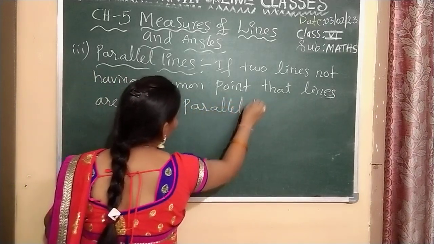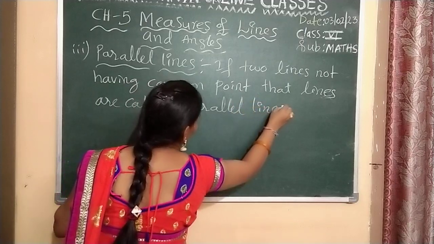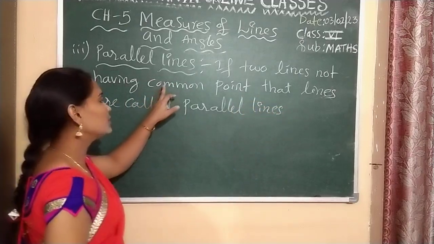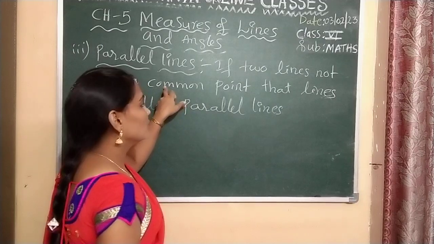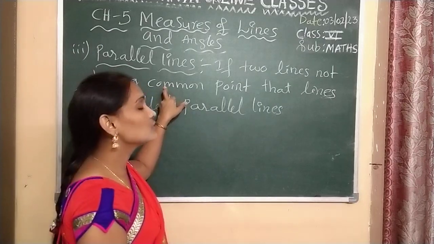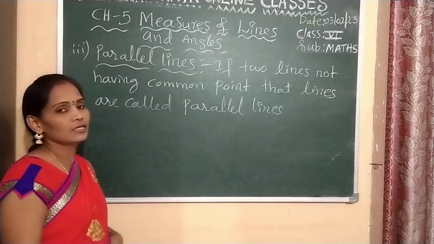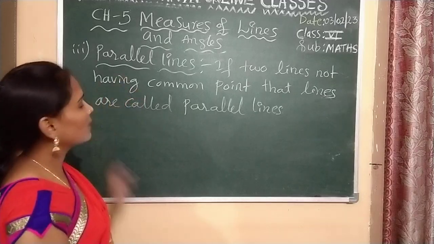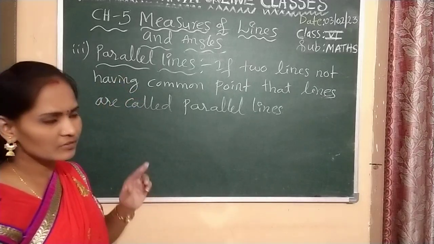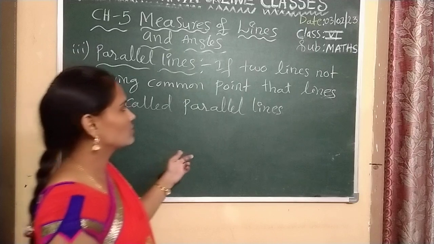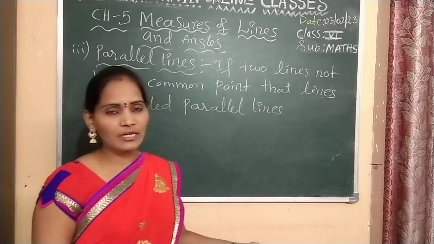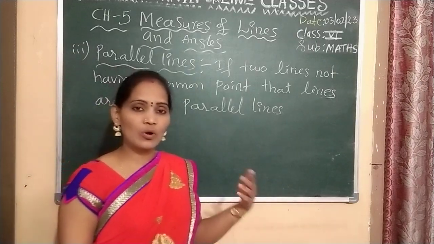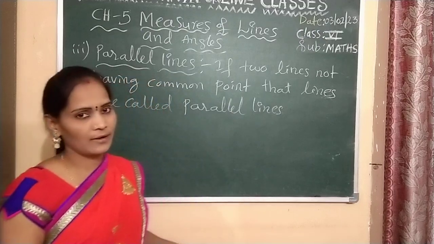Parallel lines. See, if a common point is there, they are intersecting lines. If there is no common point, those are parallel lines. Very simple, just a small difference. If a common point is there, intersecting lines. If a common point is not there, those are parallel lines.